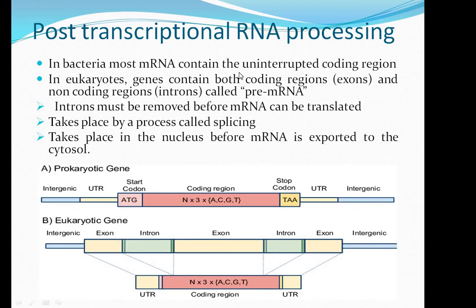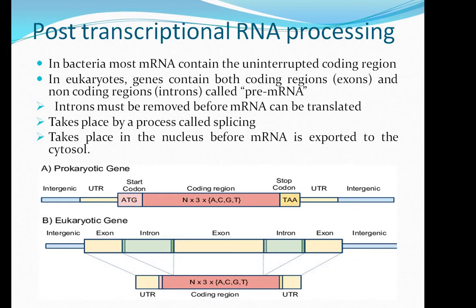So this is the post-transcriptional RNA processing. Now, bacteria do not add a 5' cap and poly-A tail, and bacterial mRNA typically has continuous genes. In bacteria, the genes are continuous.